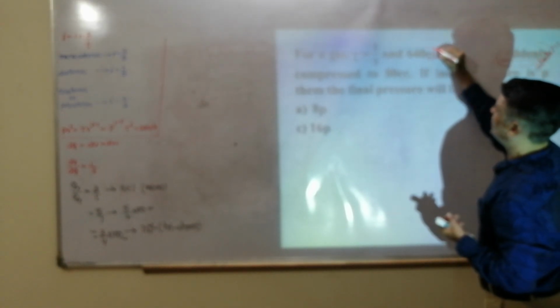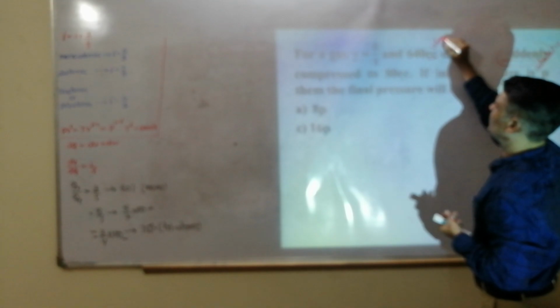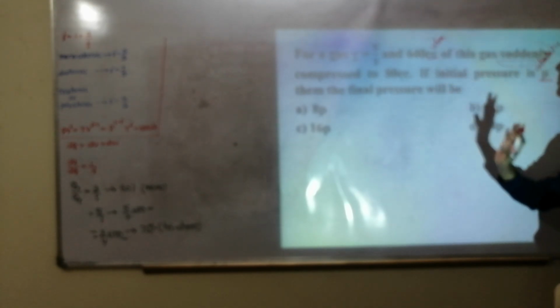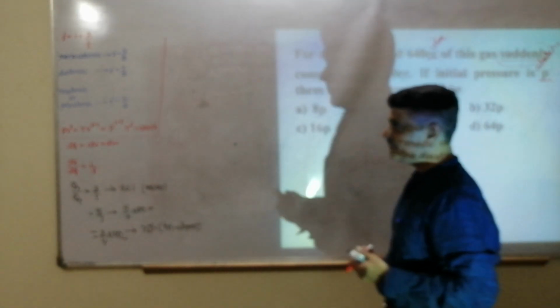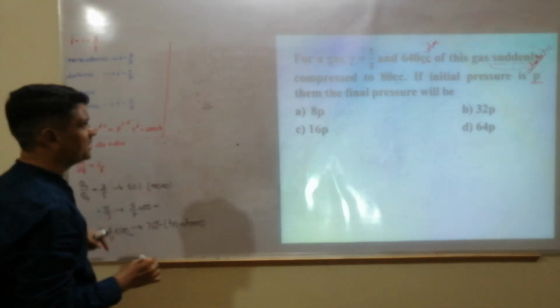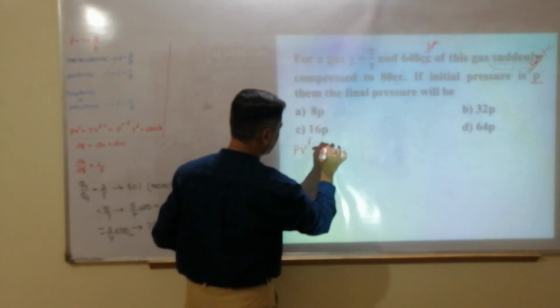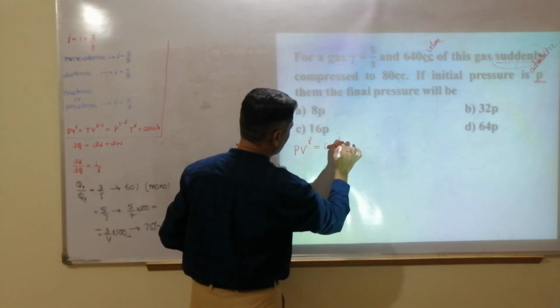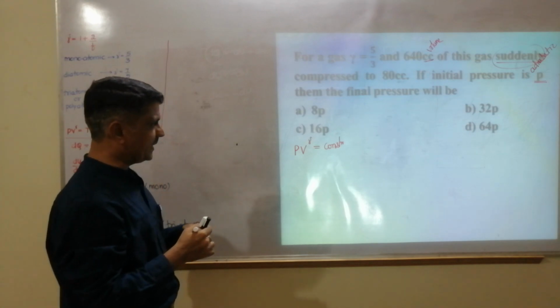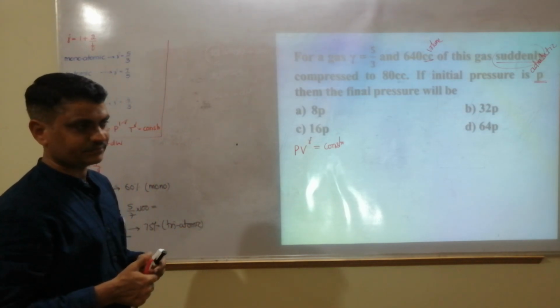If it is slowly, then you would have said isothermal. Means adiabatic. Cc indicates volume. Here pressure is mentioned. Means adiabatic pressure and volume relation. In adiabatic, pressure and volume relation is P V raised to gamma is equal to constant. Hope you can solve this problem. Okay.